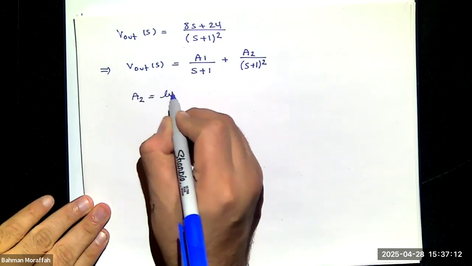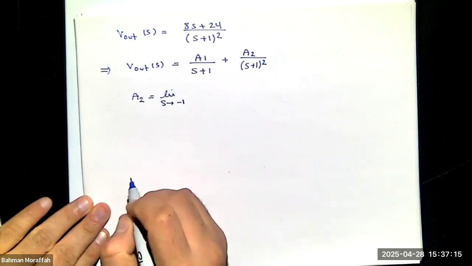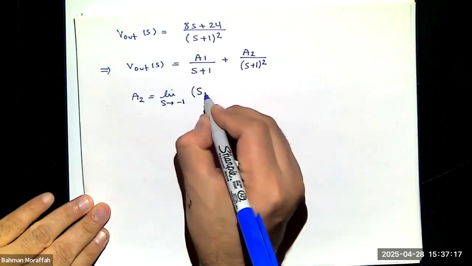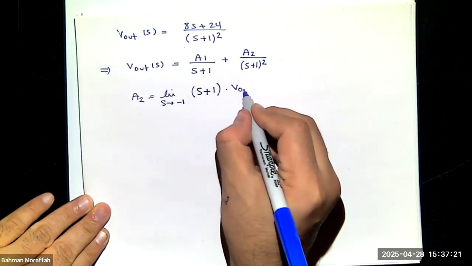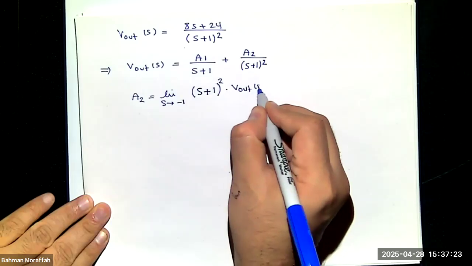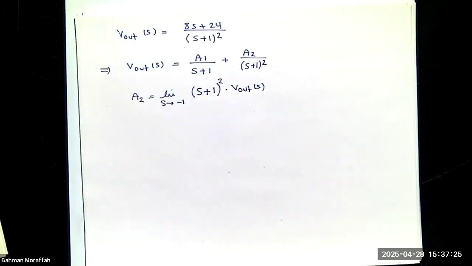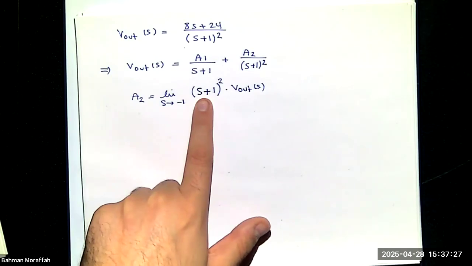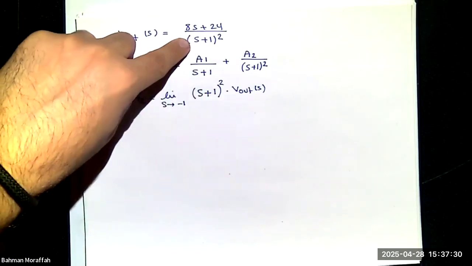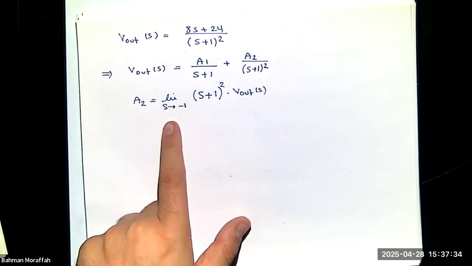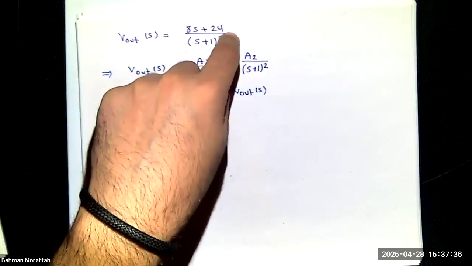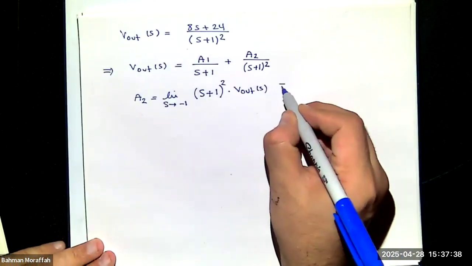A2 is the limit when S goes to the pole, -1, of (S plus 1) squared times V out of S. This (S plus 1) squared and this (S plus 1) squared cancel each other out. So it's the limit as S goes to -1 of 8S plus 24, which is 16.